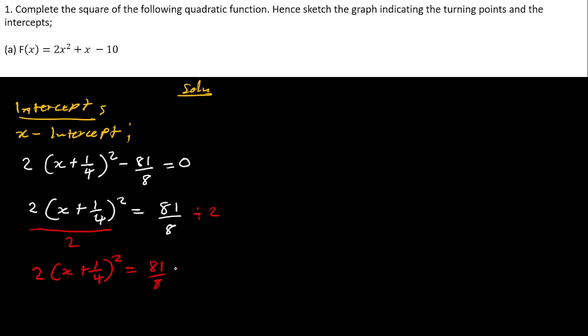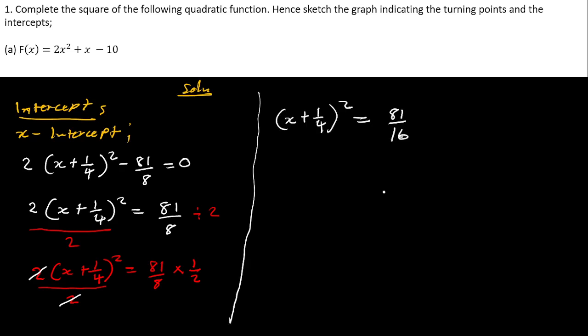Remember we have also divided this side by 2. After doing that, you cancel, and 8 times 2 will be 16. So we are going to have x plus 1 over 4 squared is equal to 81 over 16. After working that out, you can move on to the next step, which is introducing a square root.